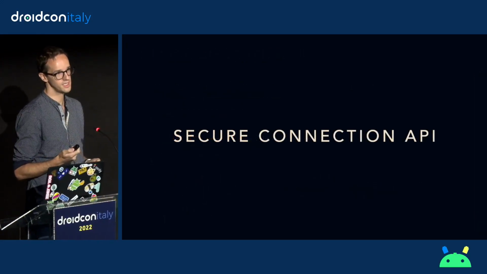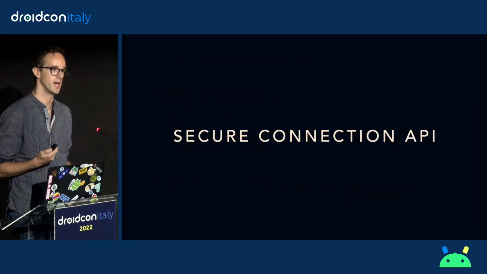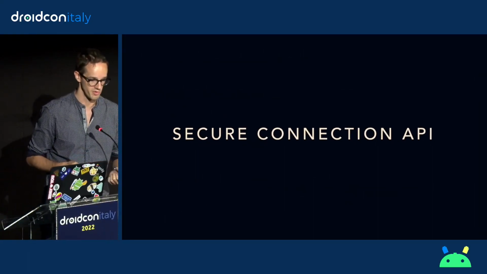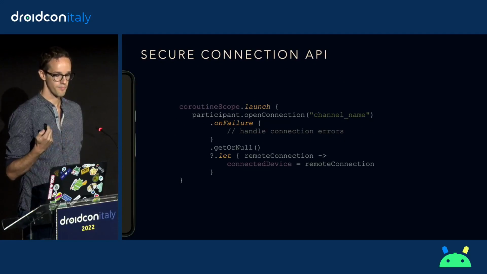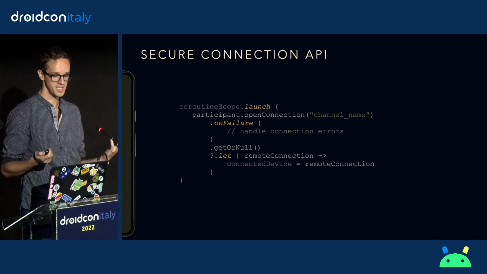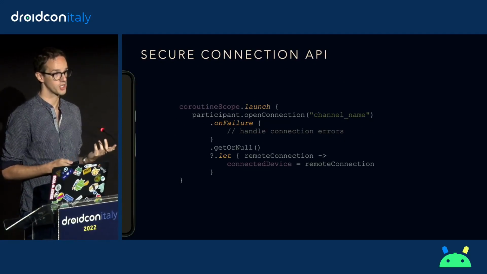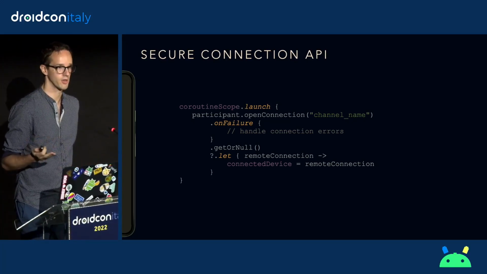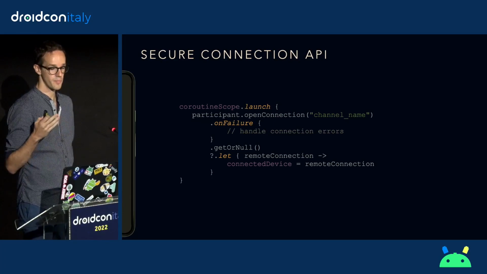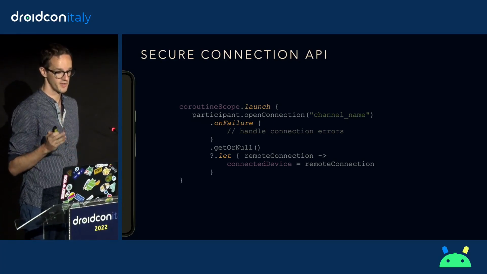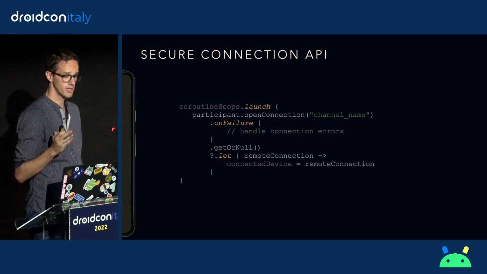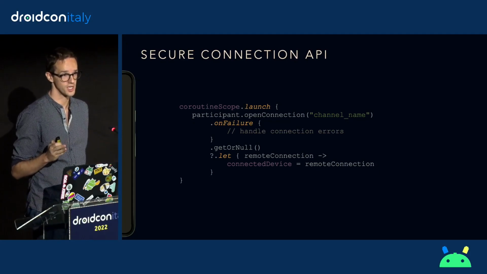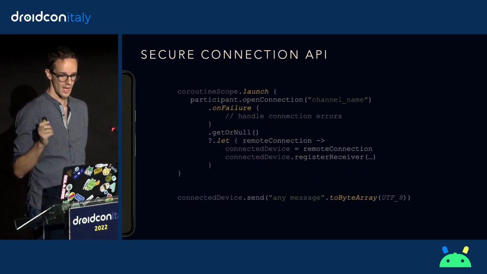That is done through the Secure Connection API, which is, again, the second building block that we saw before. Once we have a participant, we can simply open a connection. And here you can see we can just register for some connection errors. We keep a reference of the connected device, because this is what we are going to use later to communicate.